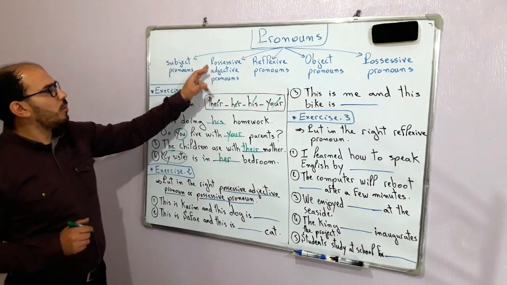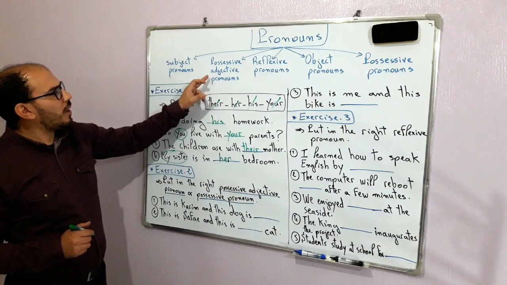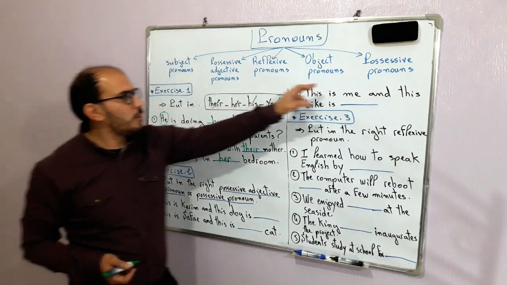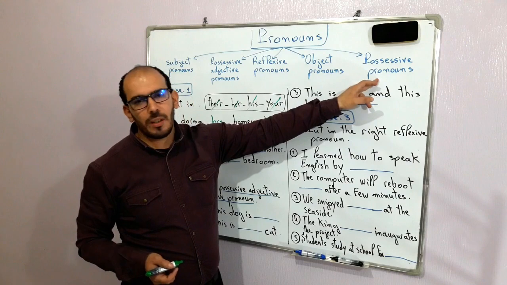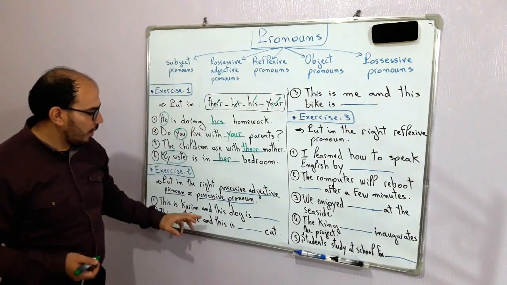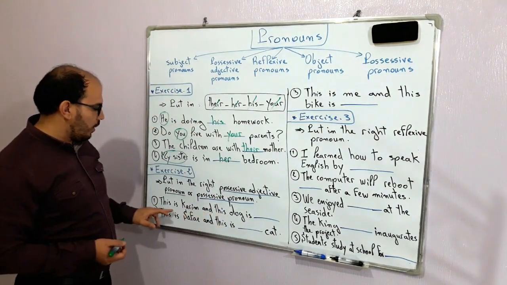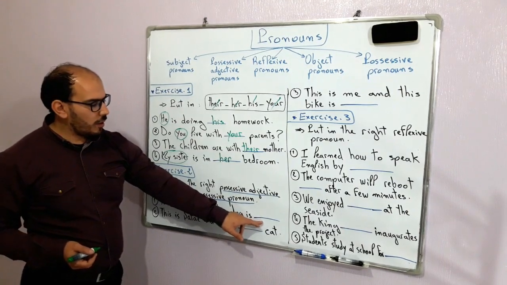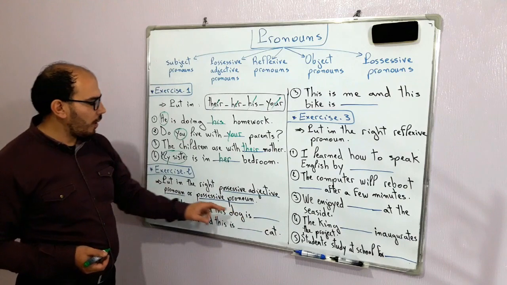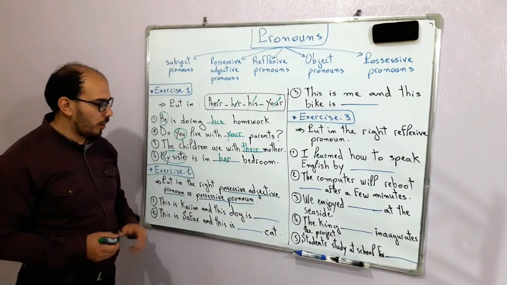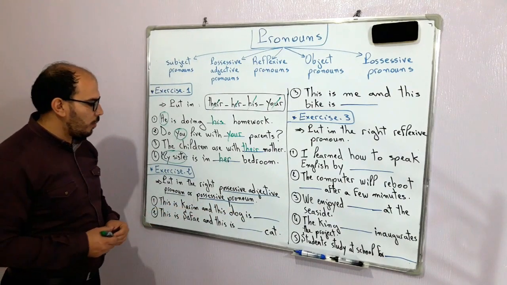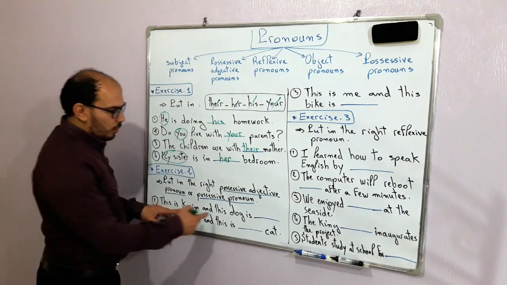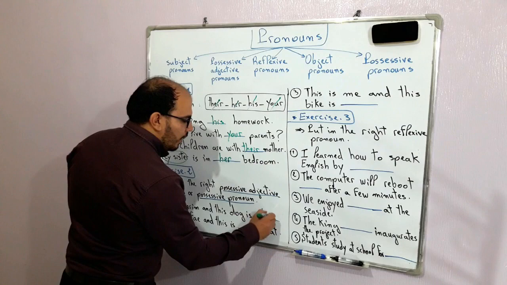We know that possessive adjectives are all the time followed by a noun, but possessive pronouns are not followed by a noun. In this case, it is not followed by a noun, so I have to use the possessive pronoun. Which one? Since I am talking about Karim, this dog is his.